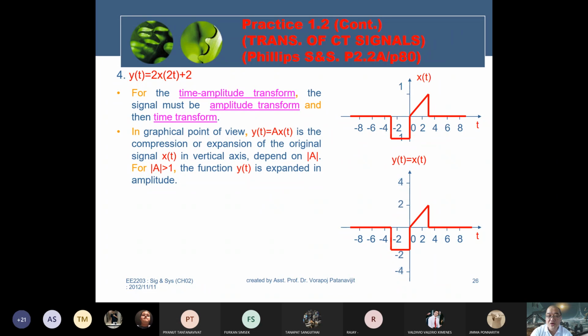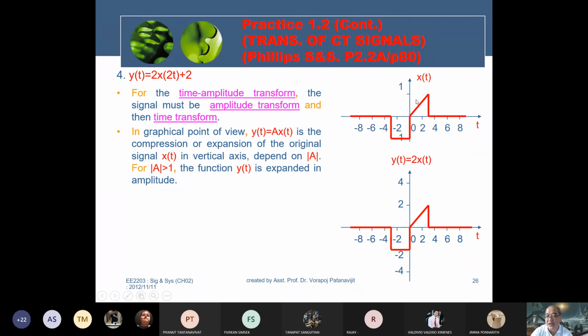In the graphical point of view, y(t) = a x(t), we must take the amplitude scaling first. y(t) = a x(t) is the compression or expansion of the original signal x(t) in the vertical axis, depending on absolute a. In this case a = 2, therefore for absolute a greater than 1 the function y is expanded in amplitude.